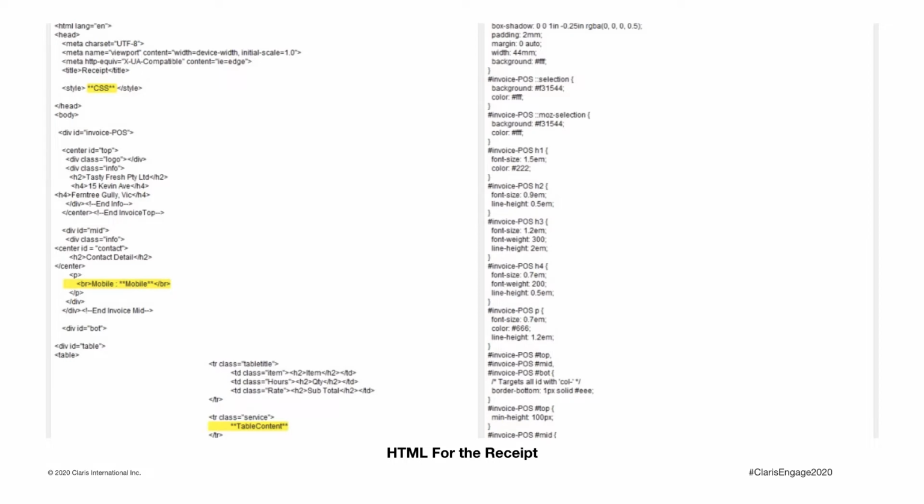You can see in the yellow highlights there, I have the HTML on the left-hand side and the CSS to generate the receipt image on the right-hand side. We substitute in the mobile number, which you can see highlighted, and another calculated field, table content, which is the item by item list of the purchases made by the customer.